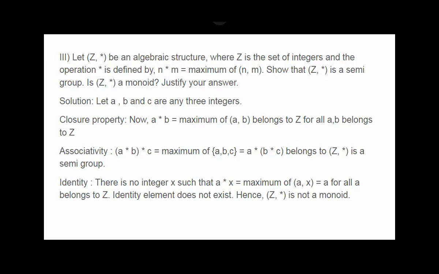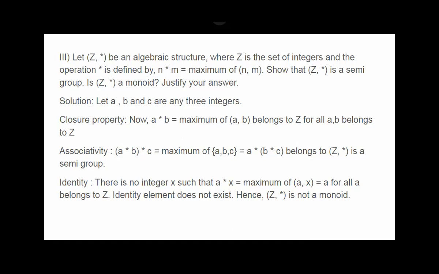Then we have to check the two properties, closure and associativity. And if we have to check it for monoid, whether the identity property gets satisfied there or not.